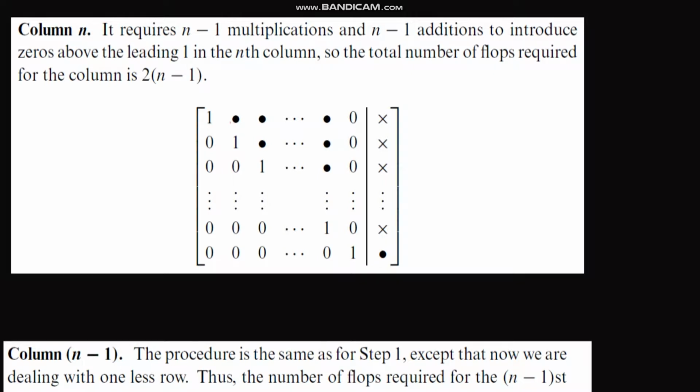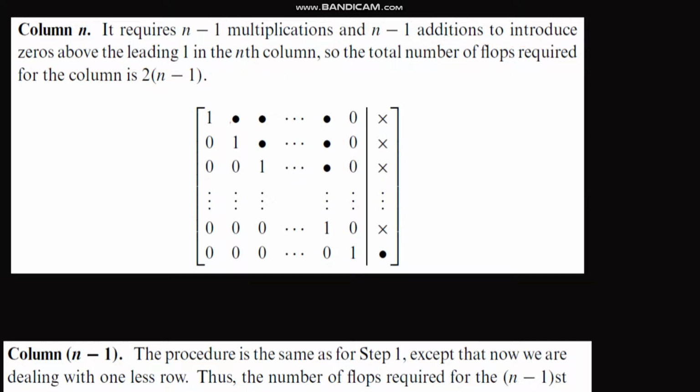So what do we need to do here in the nth column? It requires n minus 1 multiplications and n minus 1 additions to introduce 0 above the leading one in the nth column, right?